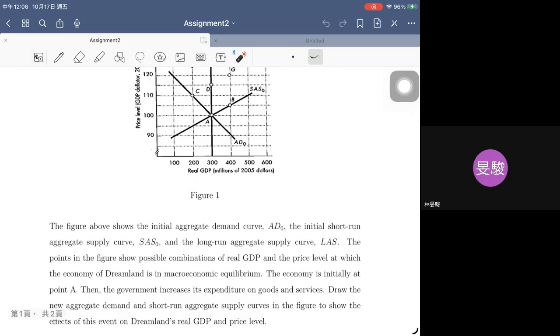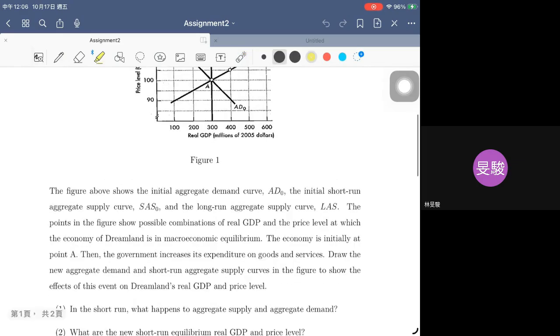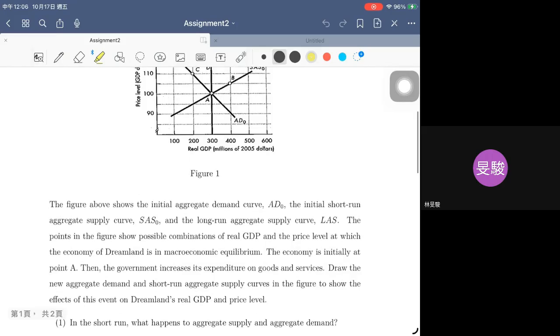The economy is initially at this point, and then the government increases its expenditure on goods and services. This means that the exogenous variable for AD, G, increased.